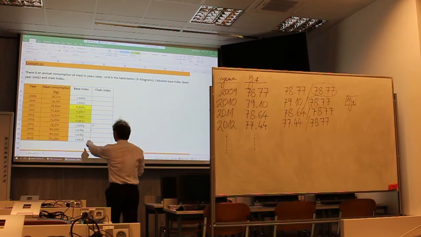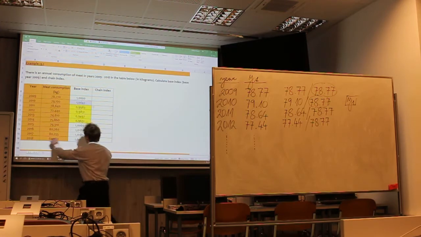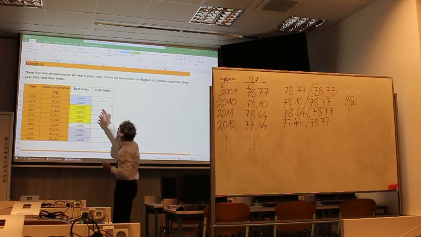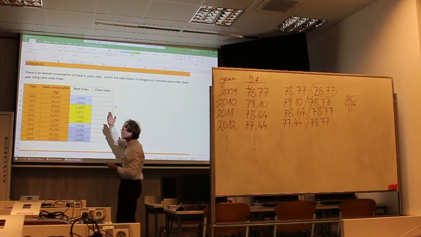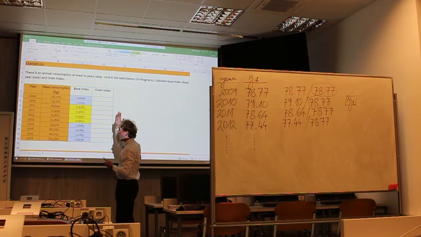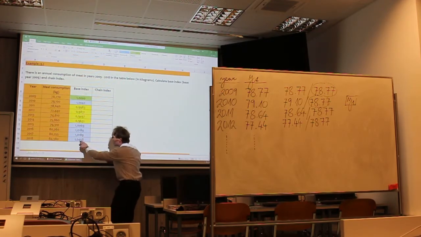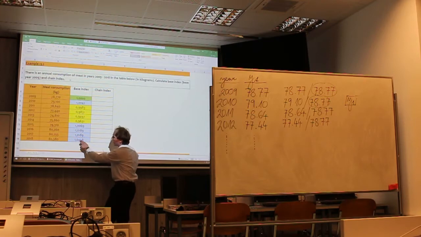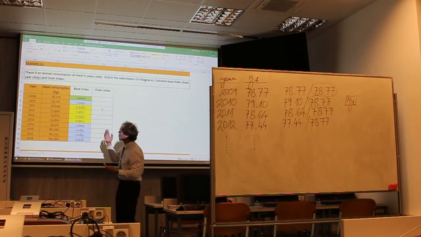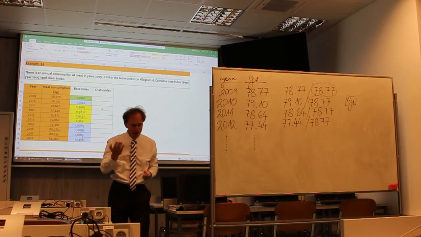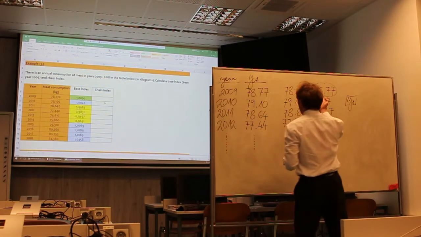So, for example, on the last position, year 2018, in comparison with base year 2009, meat consumption increases by 4.58%. Okay, so there we have the development of base indices.